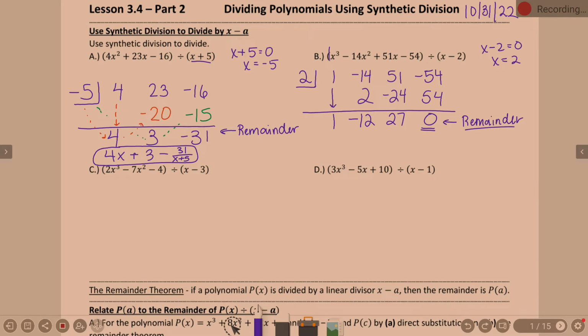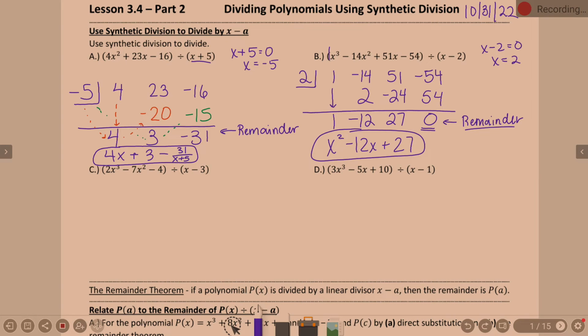When you divide by x to the first, that's going to make it x to the second. Multiple different ways to look at this. If this last value represents my remainder, and if you backtrack, 27 is a constant, negative 12 is x to the first, that makes 1 x to the second. Here's the deal, guys. Your answer will always start 1 degree lower than your original problem. So since my original problem was x cubed, my answer starts x squared. So 1x squared minus 12x plus 27.